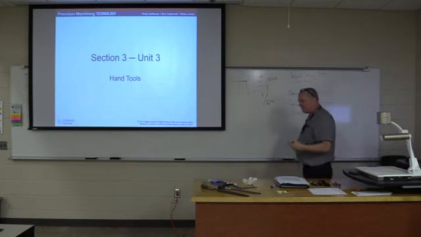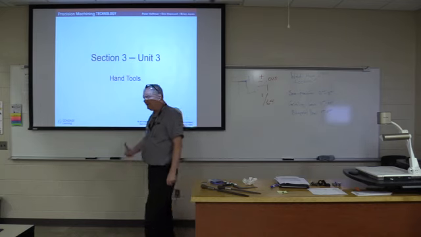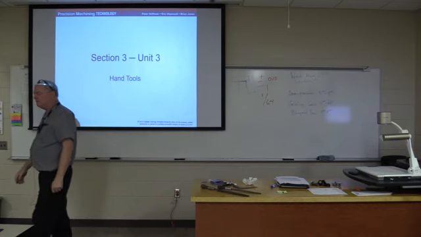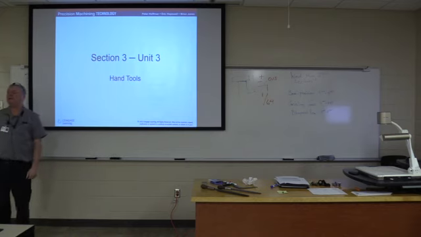So semi-precision is really an exercise in using different hand tools to machine fairly precise and accurate parts, to tolerances of about plus or minus 15 thousandths. Angular tolerances of plus or minus about 5 to 10 degrees are very common.